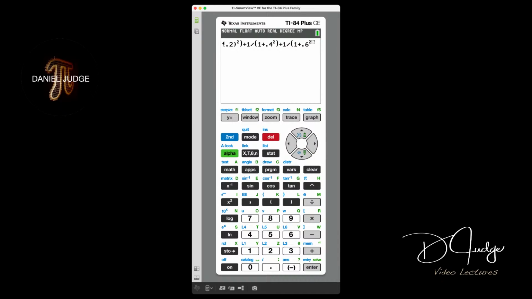Delete that. Close the parentheses now. So let's double check. Okay. Plus 1 divided by 1 plus 0.8 now. Square this. Close it. Plus 1 divided by 1 plus 1 squared. Close this and close it again.